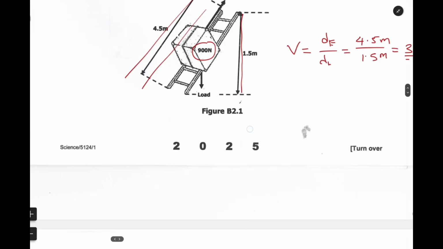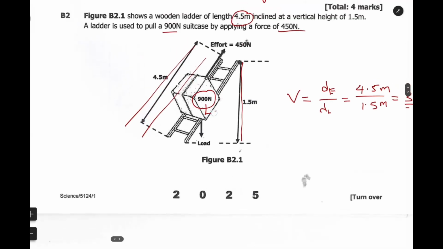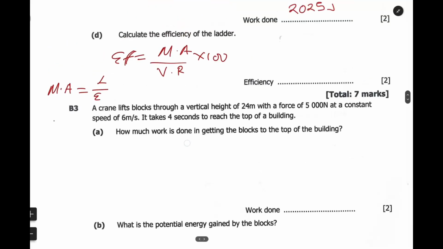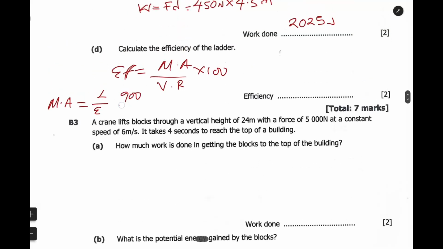If I go back to the diagram, the load is 900 and the effort is 450. So load is 900, effort is 450. This is just 2. So mechanical advantage is 2.